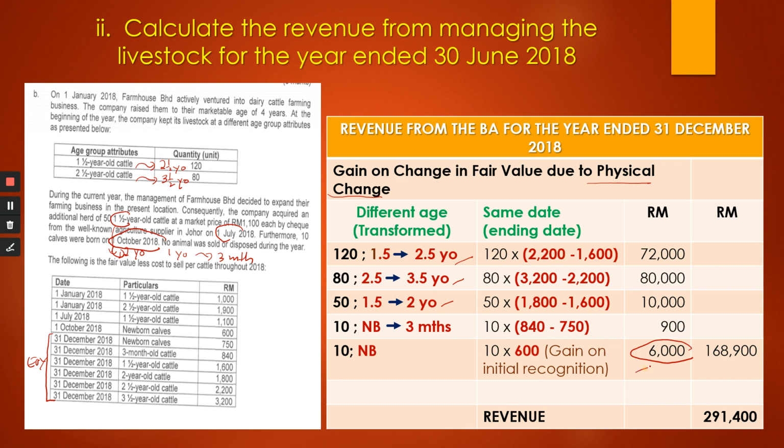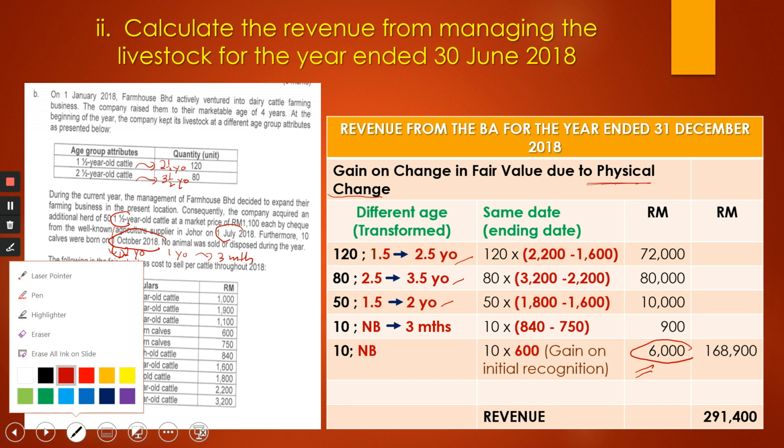This one has been calculated, and we have done that through our journal entry, the first part that we have done. Okay, so let's look at the gain on fair value due to physical change. Remember, you need to look at the different age characteristic or different physical characteristic on the same date. We use a different color.